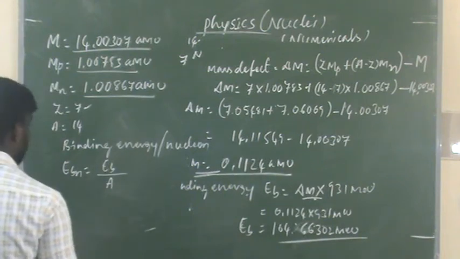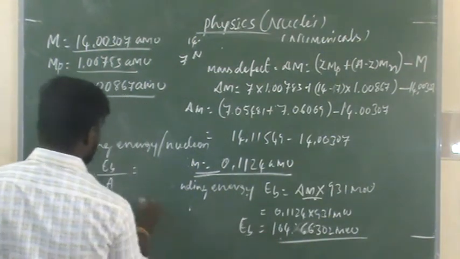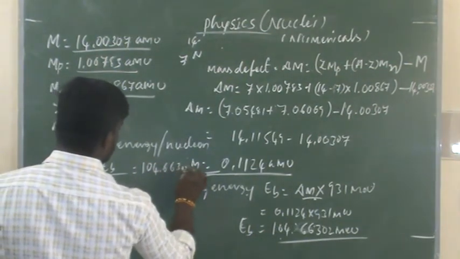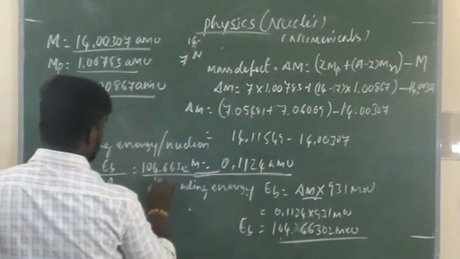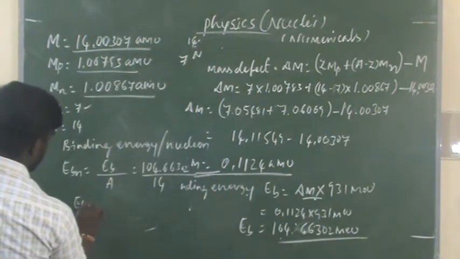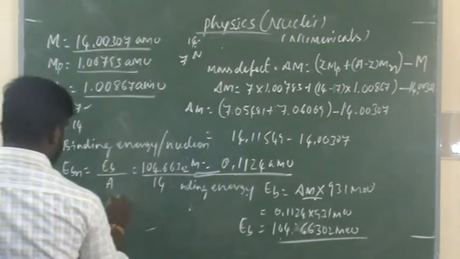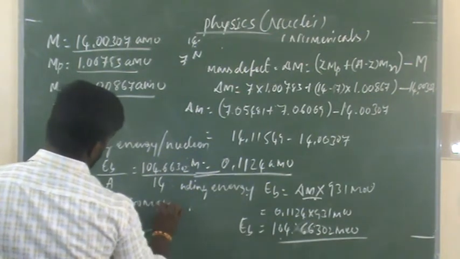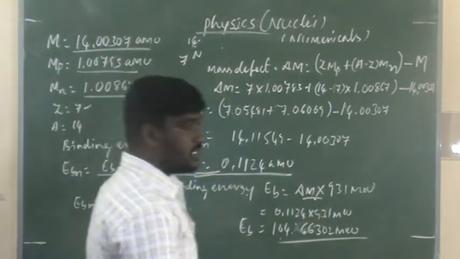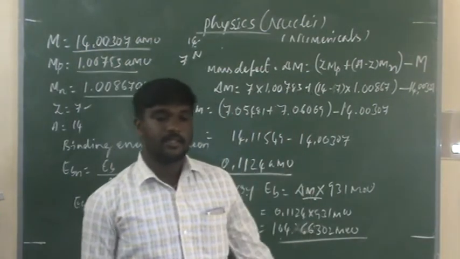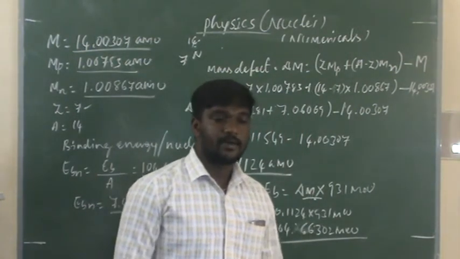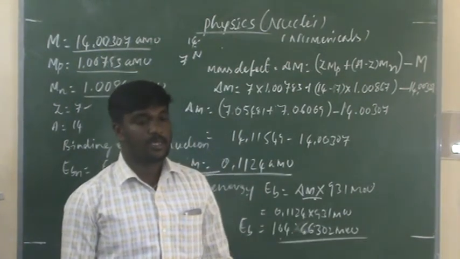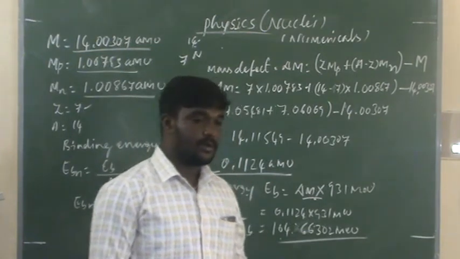What is the binding energy? 104.66302 divided by mass number 14, that is, binding energy per nucleon is equal to 7.48 MeV. This is the binding energy. First we get the mass defect, multiply with 931. Then divide the binding energy by the mass number, and we get the binding energy per nucleon.